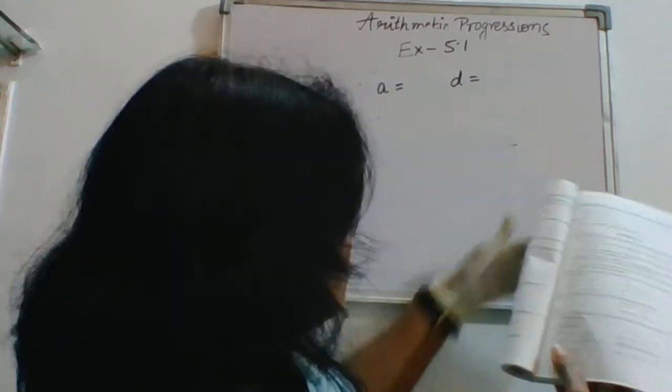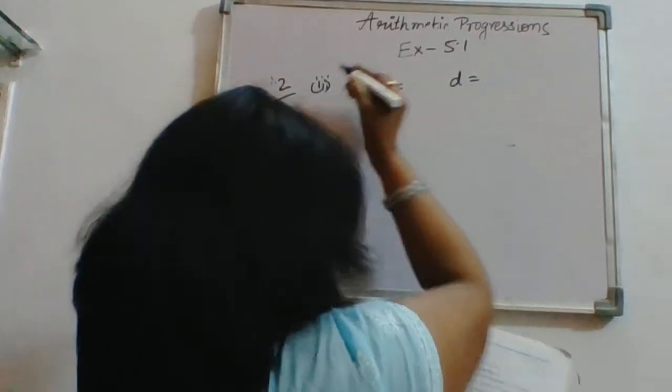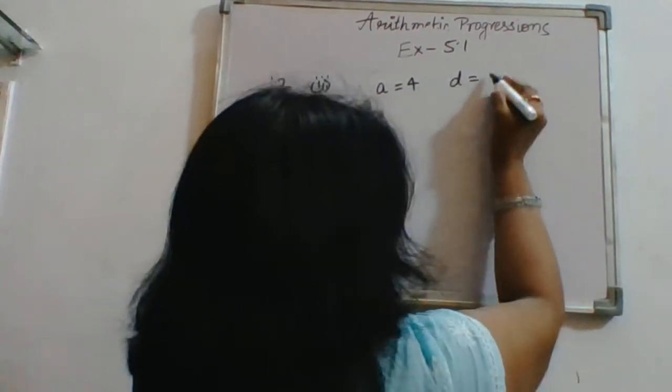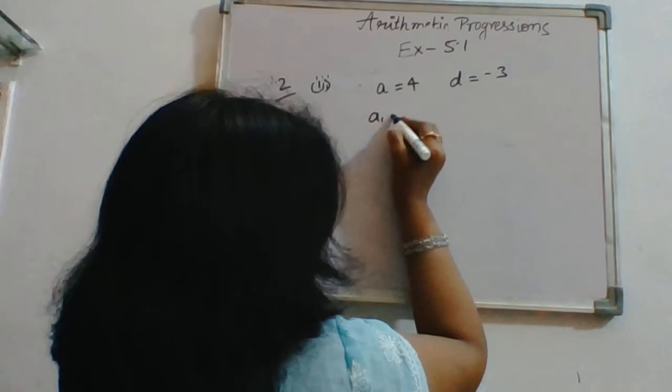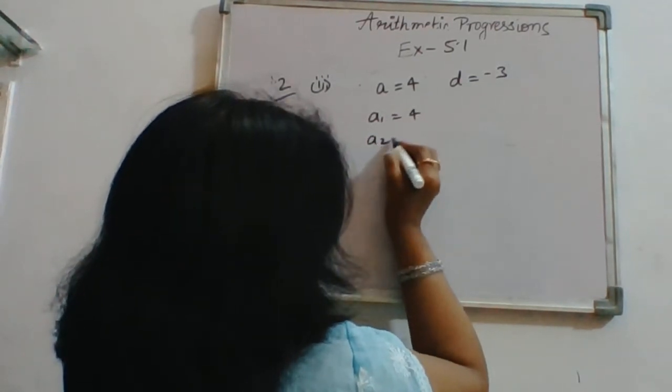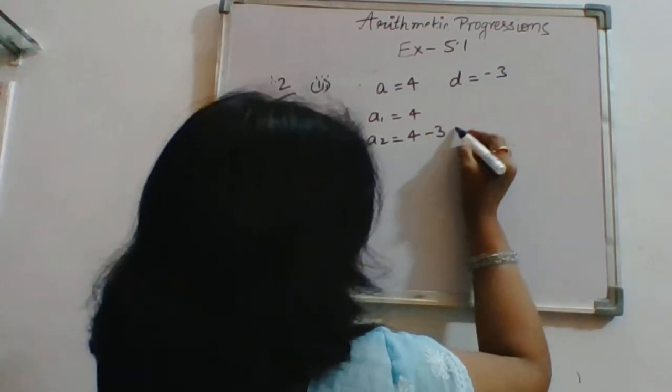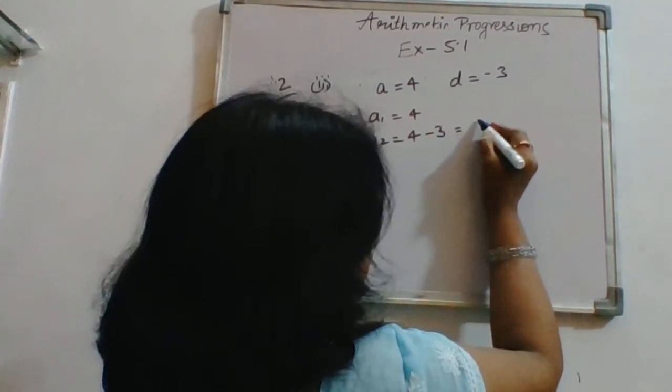Now see the third part. A is your 4, D is your minus 3. So A1 is your 4, A2 will be 4 minus 3, because we are going to add minus 3, so 4 minus 3 is 1.